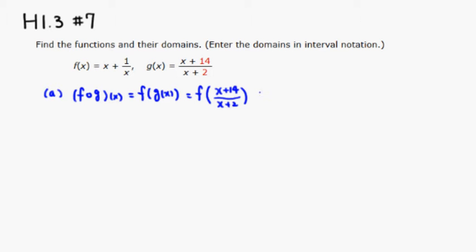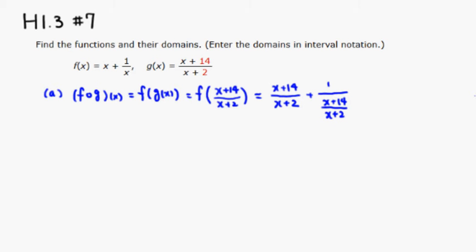So this is going to be equal to, plug it in. I see x here, so we put (x plus 14) over (x plus 2). Then plus 1 over, and you have to put (x plus 14) over (x plus 2).